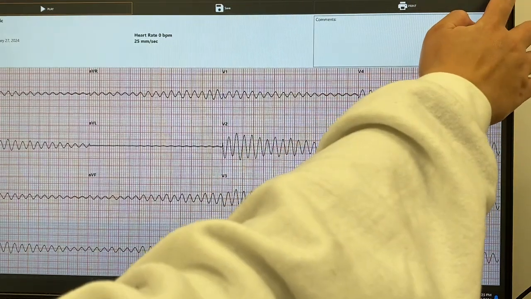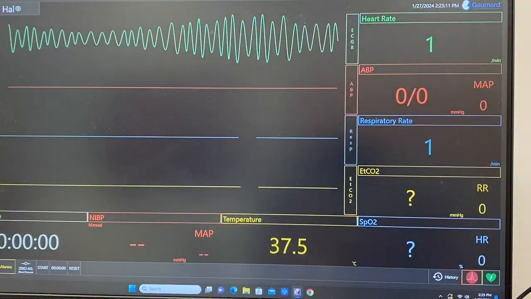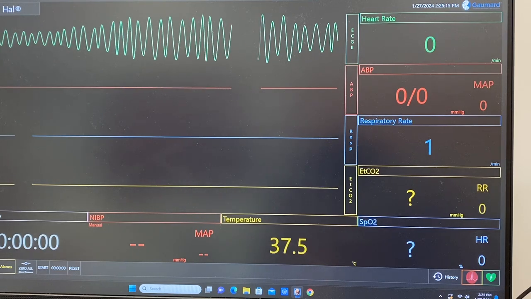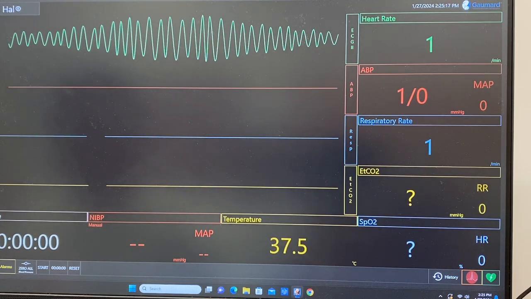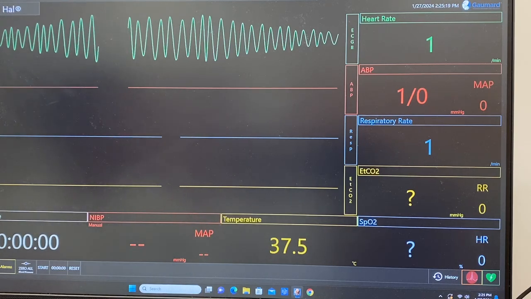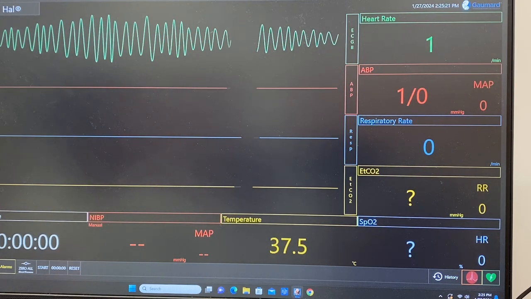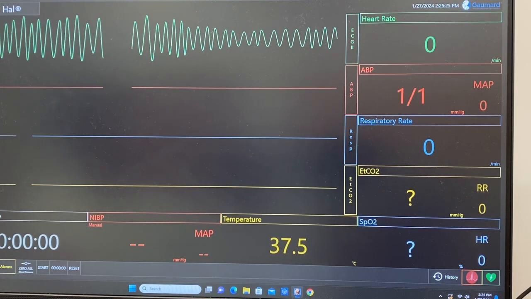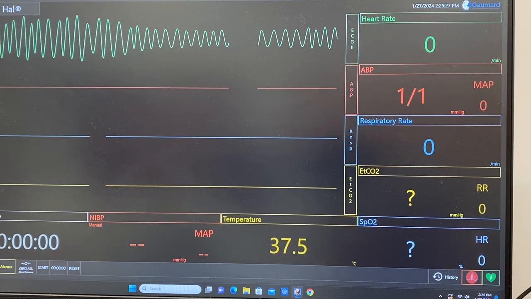That would have been correct. But there's another name. Anybody know what the other name is for a polymorphic VTach? You should know this, Ami. It's a language you speak.